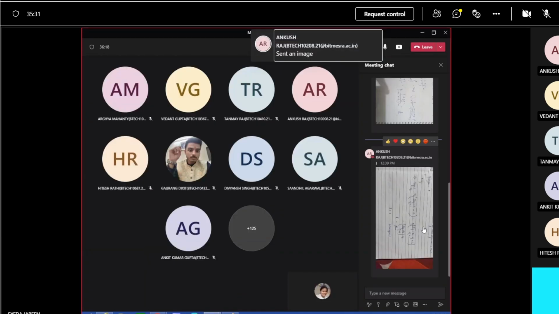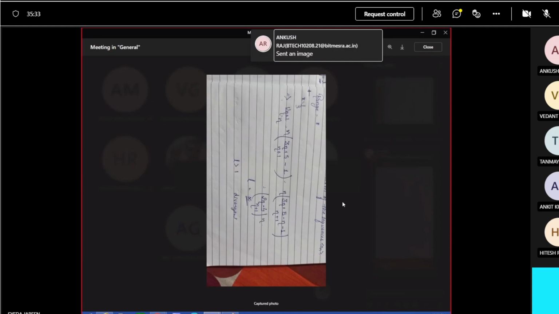Anybody post? Let me see. शुरू से पोस्ट करो so that I can understand that you are doing it mathematically. Because sometimes students do it verbally.